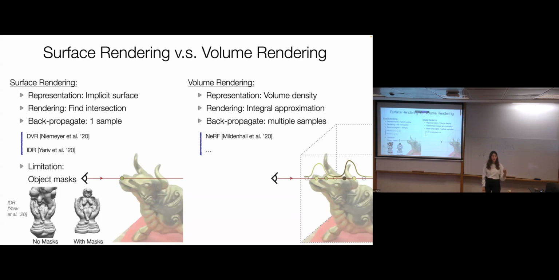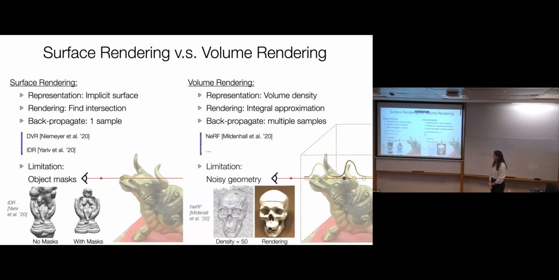You need to somehow have gradients to the geometry according to that. For NeRF, when you're approaching the surface, you're going to have maybe a small density that you're accumulating. But for a surface, it's either intersecting or not intersecting. You also need this concept of almost intersecting in order to render it correctly.